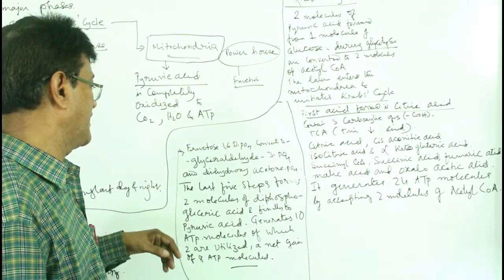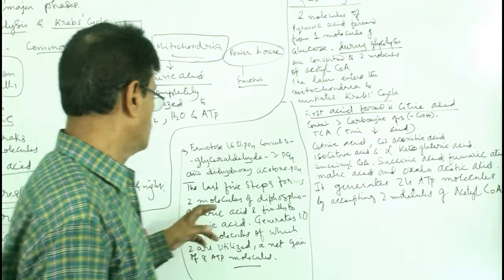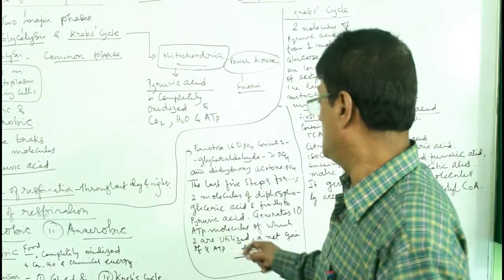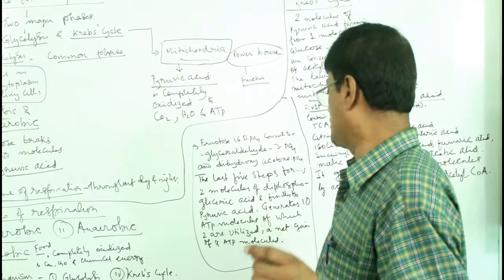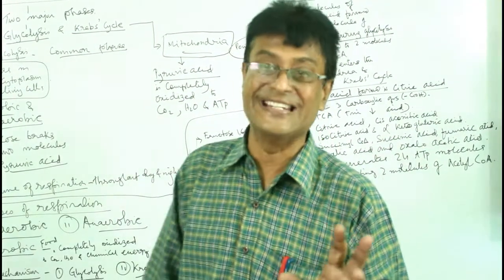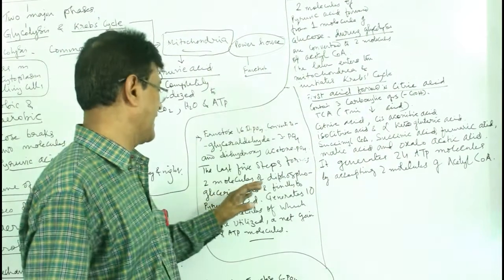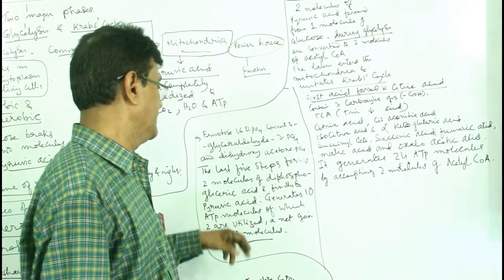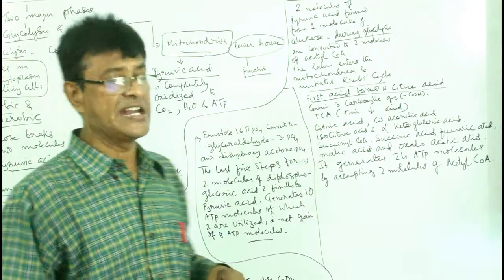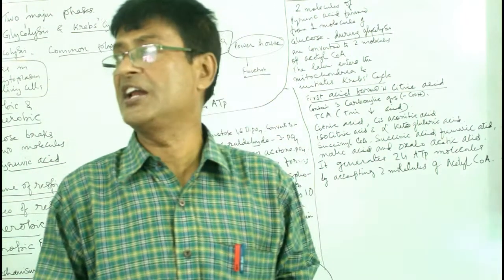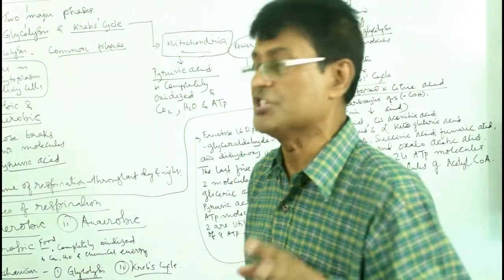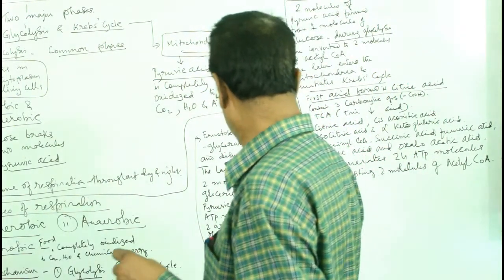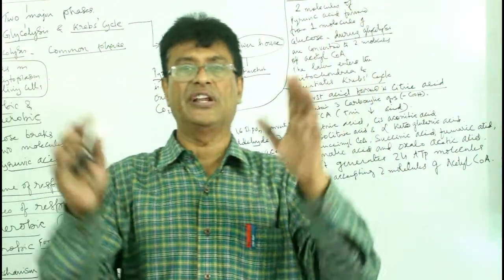The last 5 steps produce 2 molecules of diphosphoglyceric acid, and finally pyruvic acid, and generate 10 ATP molecules, of which 2 are utilized for the reaction.